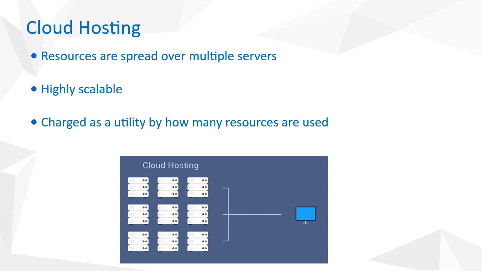The resources that are being used are spread over multiple servers. Most importantly, since cloud hosting can scale to almost any resources needed, the customer is only charged for what they use. This makes it an ideal hosting solution for websites or applications that have high volumes of traffic consistently, and for websites that have inconsistent traffic and that only need their resources to scale for short periods of time.